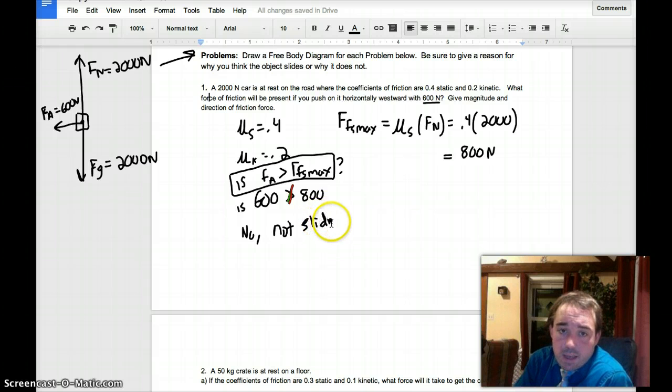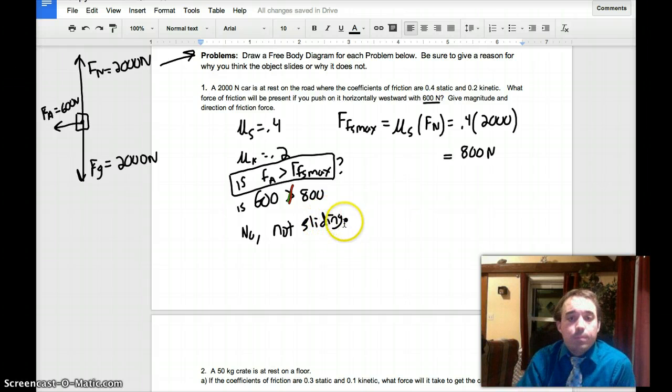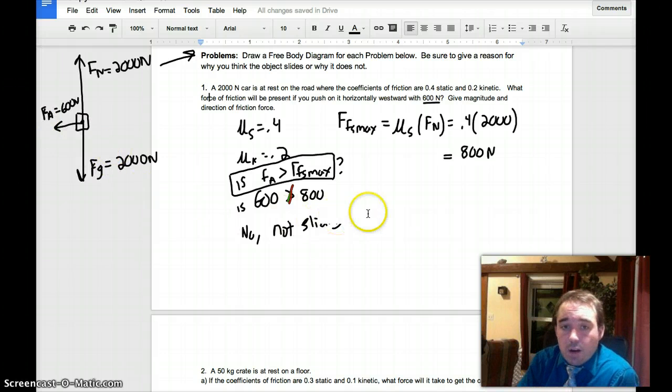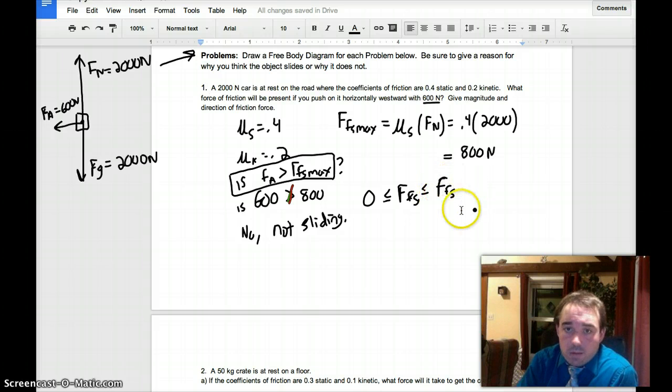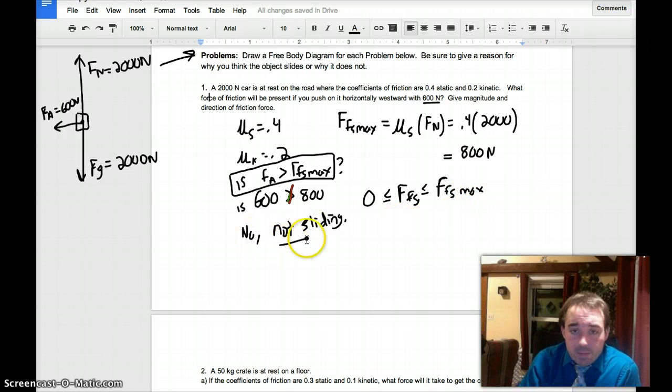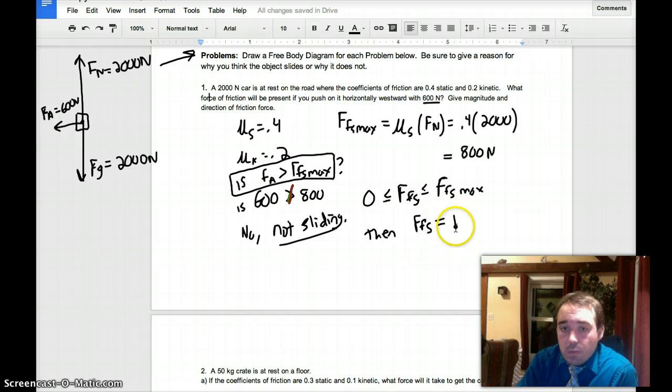So if we're not sliding, what that means is that our force of static friction, which is anywhere in the range of 0 to FFS max, if it's not sliding, then our FFS is equal to our applied force. By Newton's third law, it's going to interact forward and back.